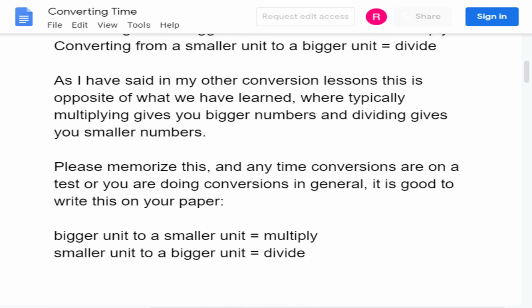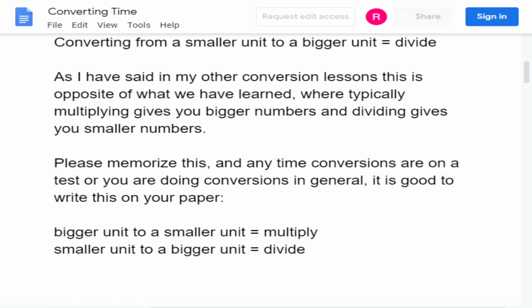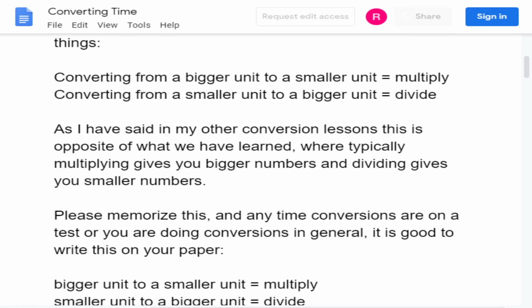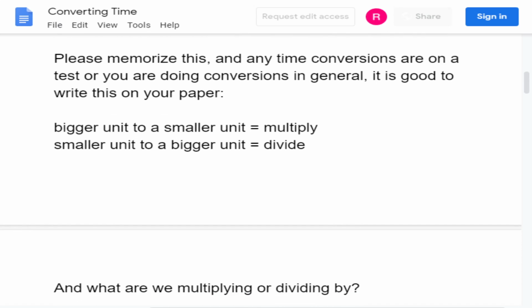As I've said in my other conversion lessons, this is the opposite of what we have learned, where typically multiplying gives you bigger numbers and dividing gives you smaller numbers. So, remember, it's the opposite of how you would think it would be. Bigger unit to smaller unit is multiply, smaller unit to bigger unit is divide. So, memorize this. Please memorize this.